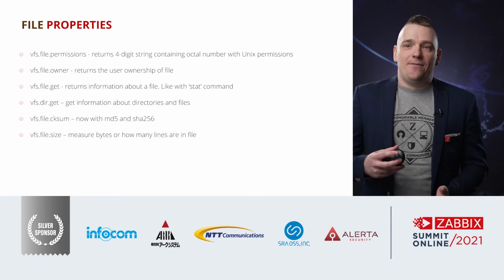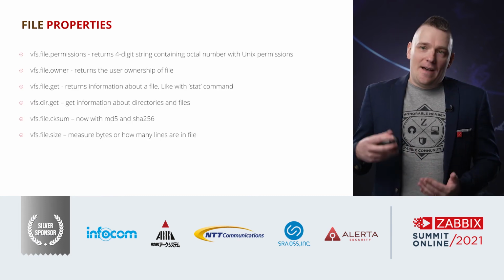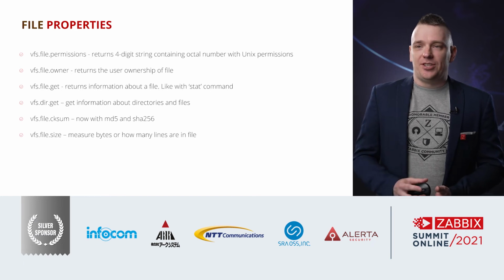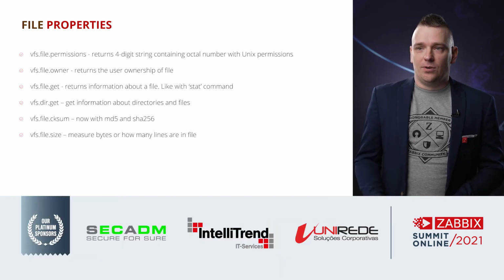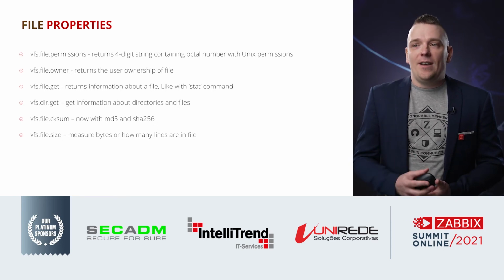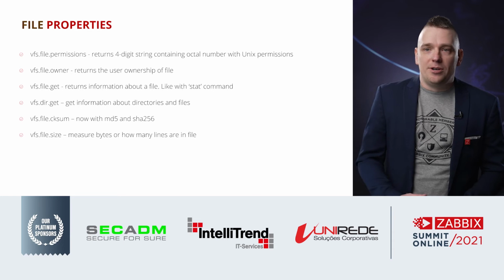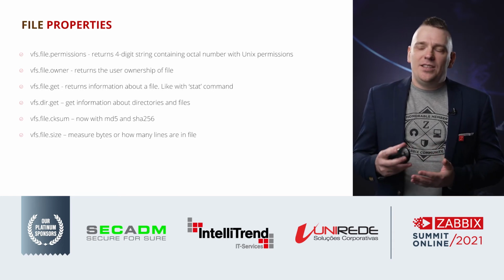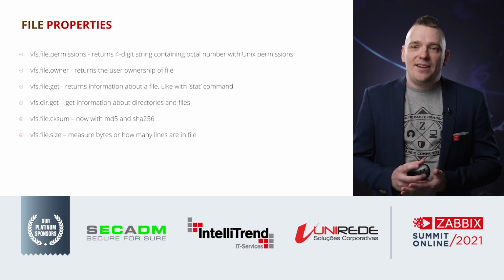Going further, file properties: we have a dedicated key to just read the permissions on the file. On Linux, it reports a 4-digit string. Reading file owner, what is the owner? Reading file information, it's very similar to the stat command on Linux.